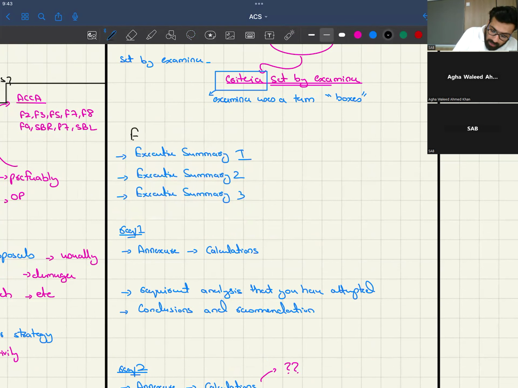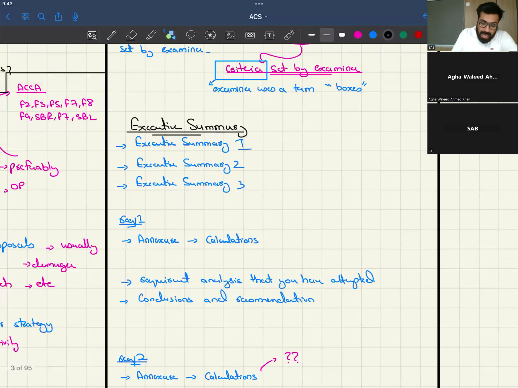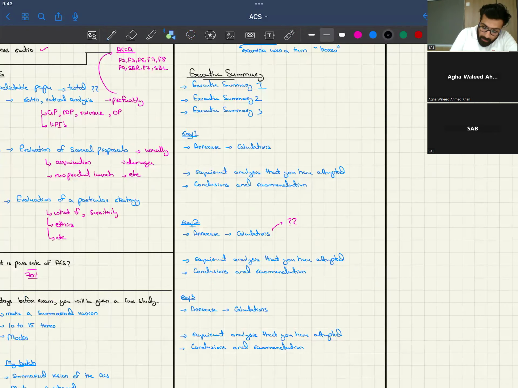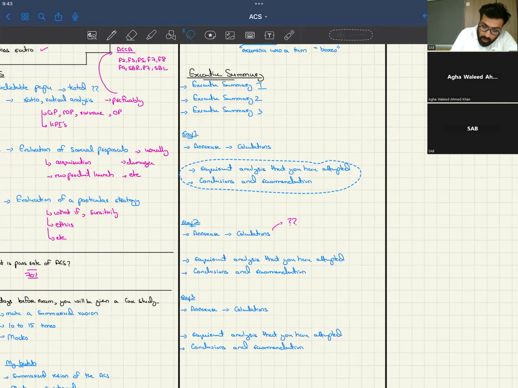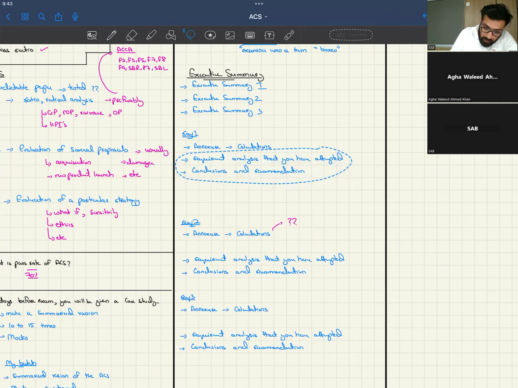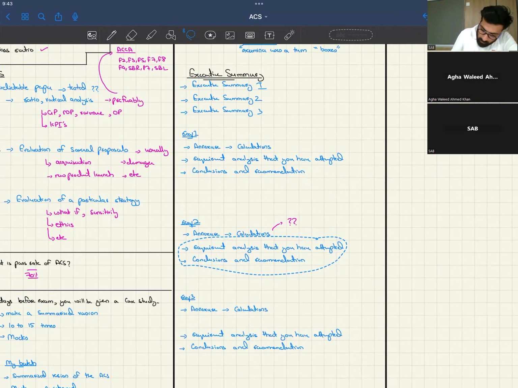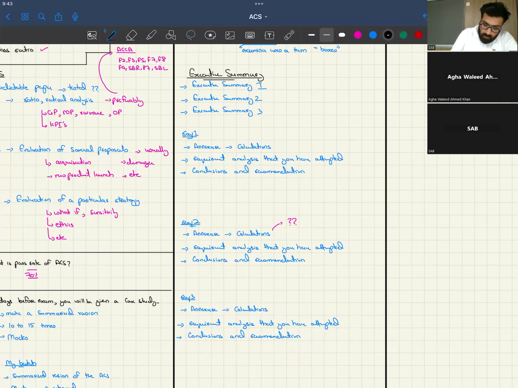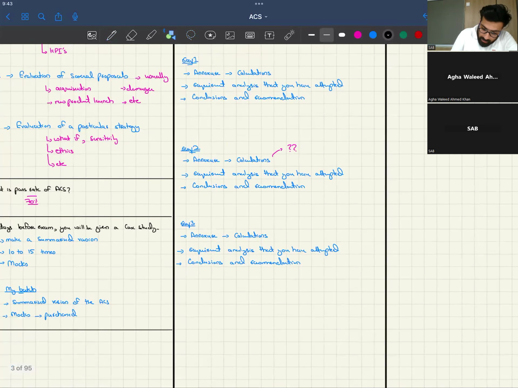They all need to be consolidated at first, and then there should be the requirements that you have attempted. And then your paper ends.